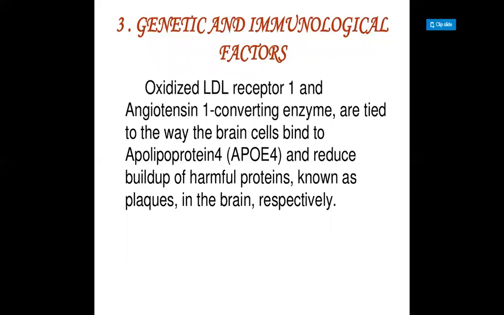So why does it occur in the patient through the genetic or immunological factor? In this, oxidized LDL receptor 1 and angiotensin 1 converting enzyme are tied to the way brain cells bind to apolipoprotein E4, and this APOE4 affects the buildup of harmful protein known as plaques in the brain.